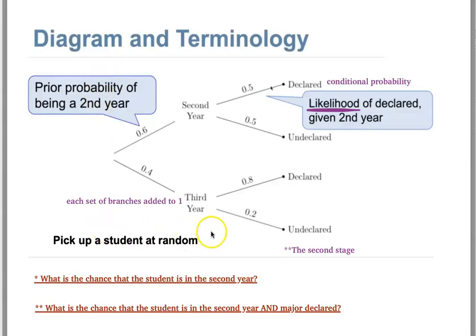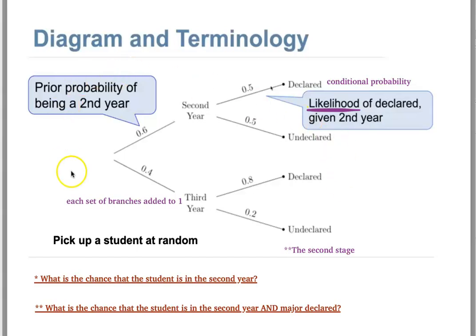Among all those second year students, half of them declared their major, and the other half have not declared their major yet. From the third year students, 80% declared their major. On the other hand, 20% are undeclared.